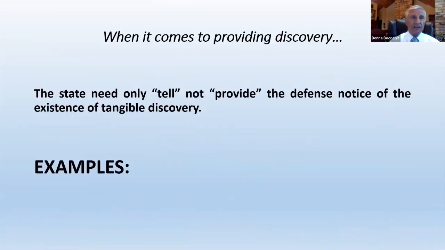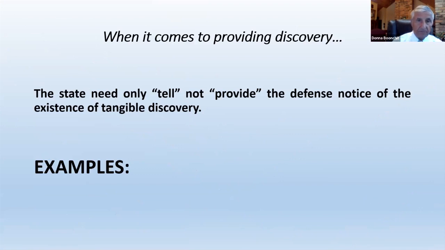When it comes to providing discovery, the state need only tell the defense, not provide, notice of the existence of tangible discovery. So if they say they have a tape recording, the state cannot yell and scream that they didn't mail the tape recording to them. If they can make it available to you, you've got to get up, go down there and listen to it. If they're willing to make a copy, so be it.